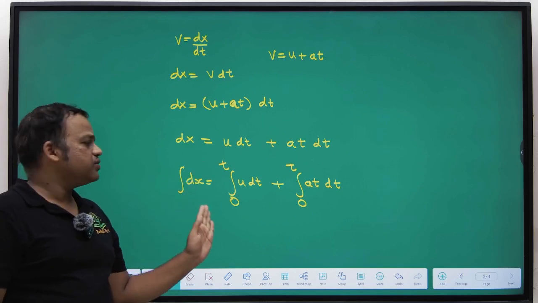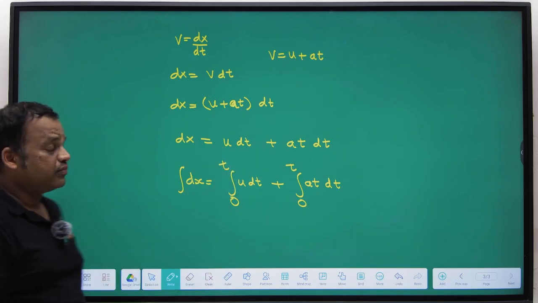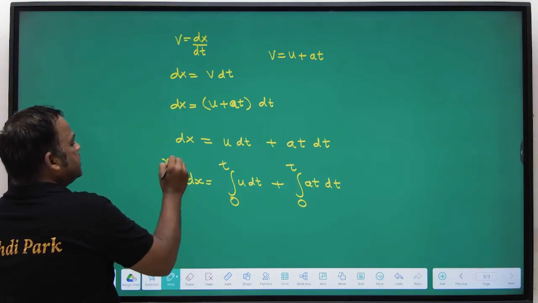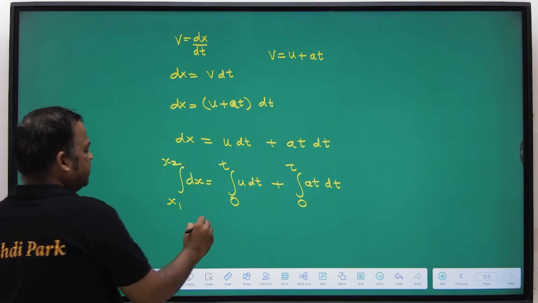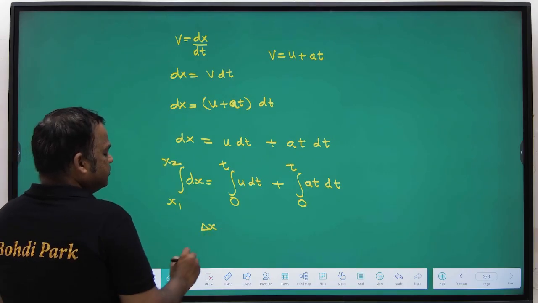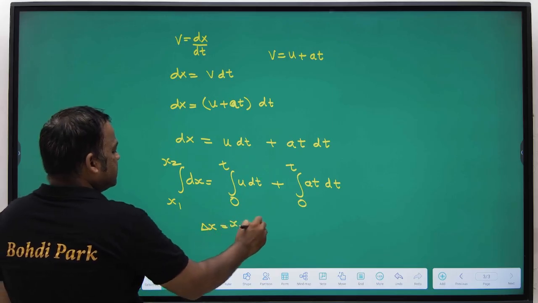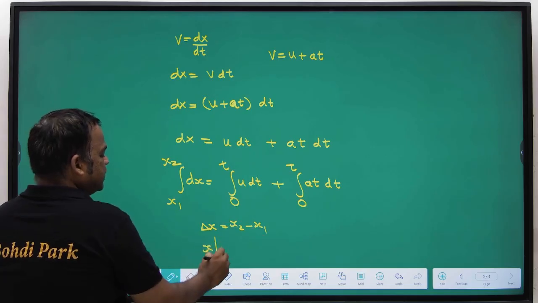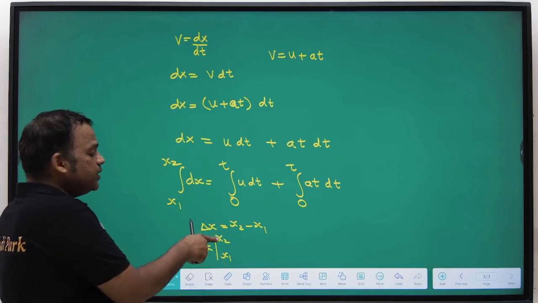So here we are assuming 0 to t, and initial position is x1, final position is x2. So on the left hand side we will get delta x, which is equal to x2 minus x1, or we can say x with limits x1 to x2, lower limit x1, upper limit x2.